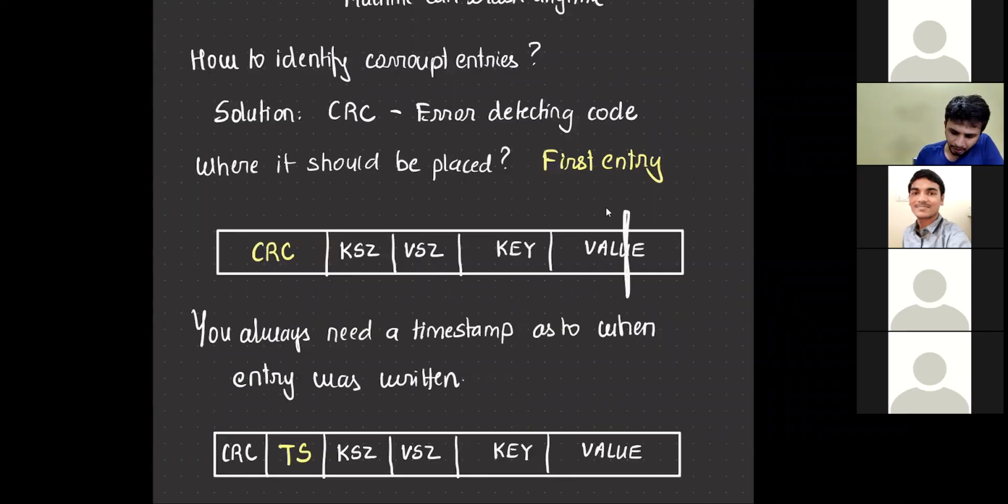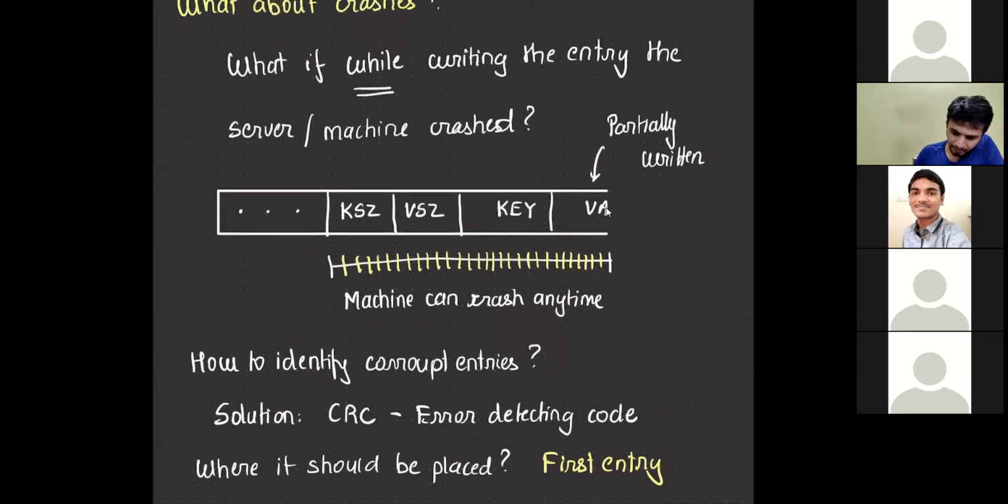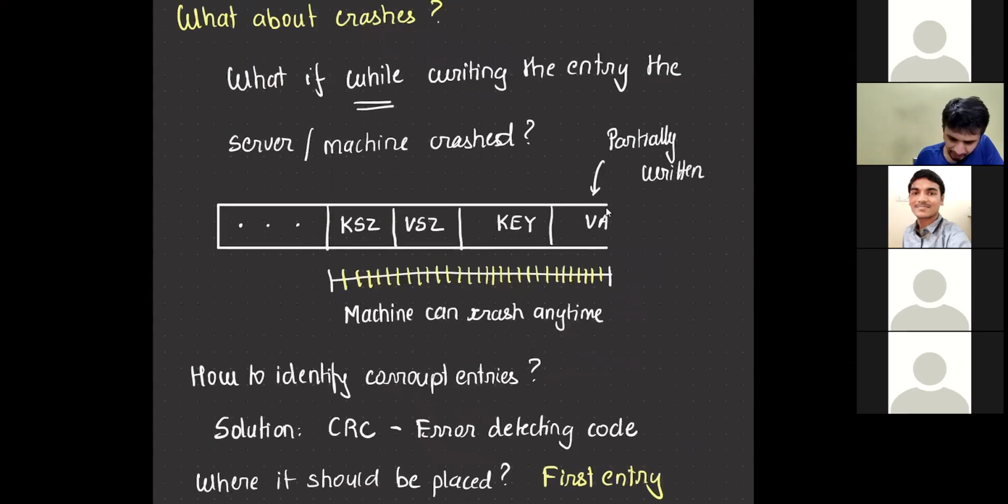Okay, so let's say I have the diagram here. Let's say your machine crashed at this point, and here is your CRC which is written. Your CRC is something that you have already computed using your key size, key, and value.